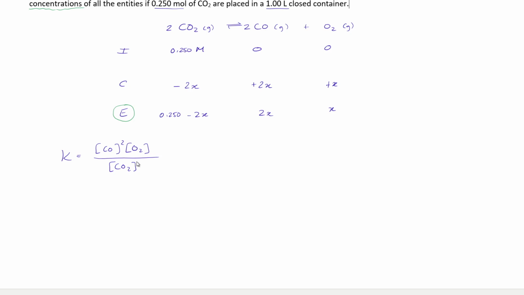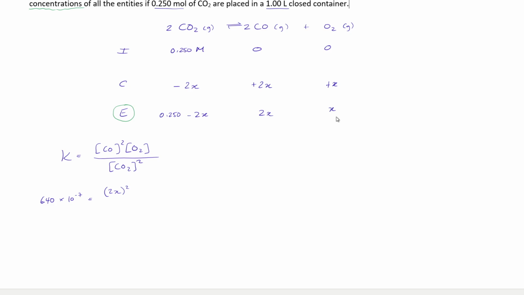And that is also raised to the exponent 2. I have the K value because that was given to me in the question. The K value was 6.40 times 10 to the negative 7. The CO value at equilibrium is 2x. So 2x, and that's squared.